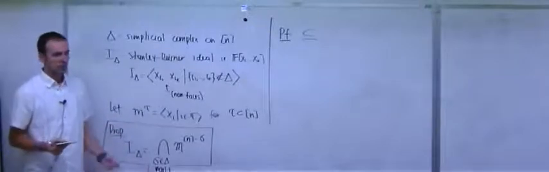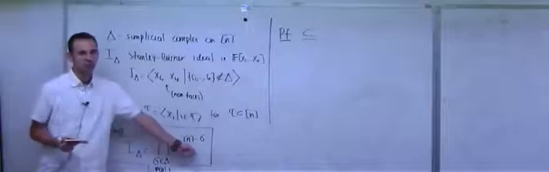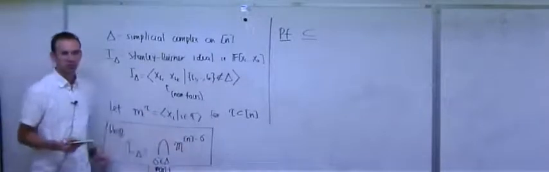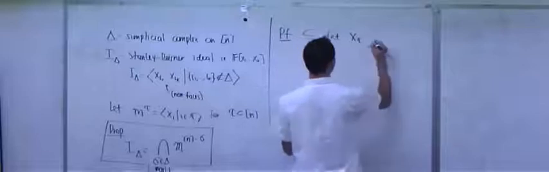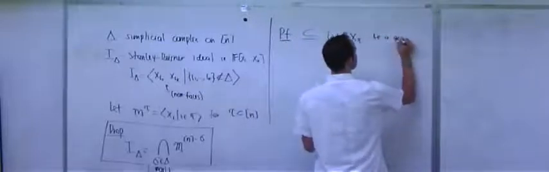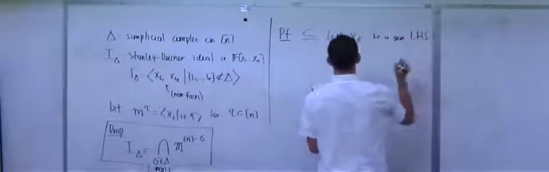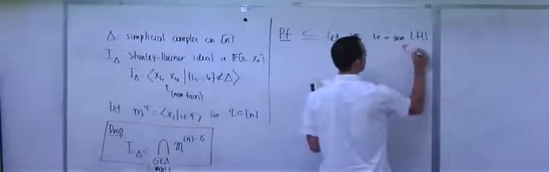So what I'm going to do is I'm going to say if a monomial lives here, it lives here. If a monomial lives here, it lives here. And that'll be enough. So first let's take one of the monomials that generates here. Okay, so let x sub tau be a generator in the left-hand side. So what that means is that tau is not a face, right?